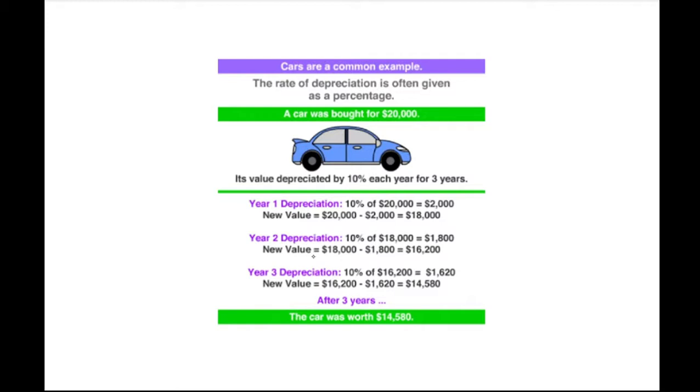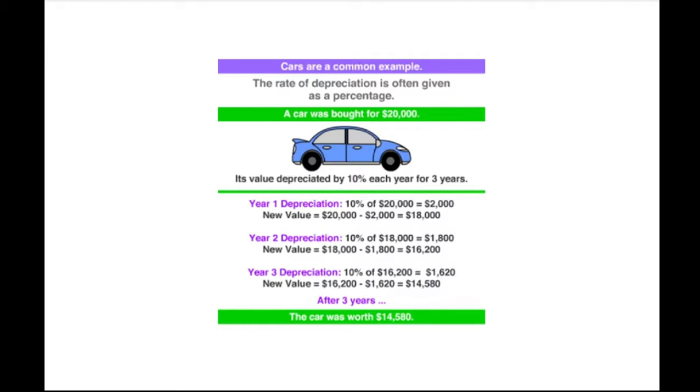In year 2, it loses another 10%. However, it's 10% of the current value. So it doesn't lose $2,000 in value, it loses 10% of $18,000, which is $1,800. So the new value is $18,000 minus the $1,800, which gives us a new value after 2 years of $16,200. And then again, the same thing applies for year 3.